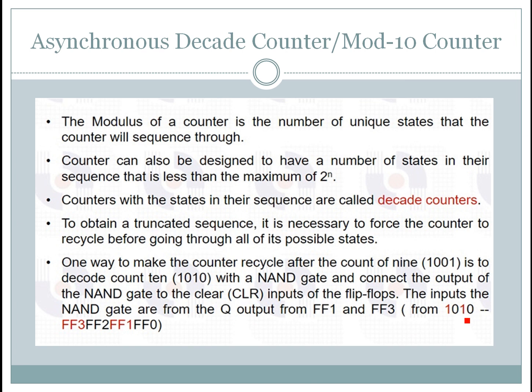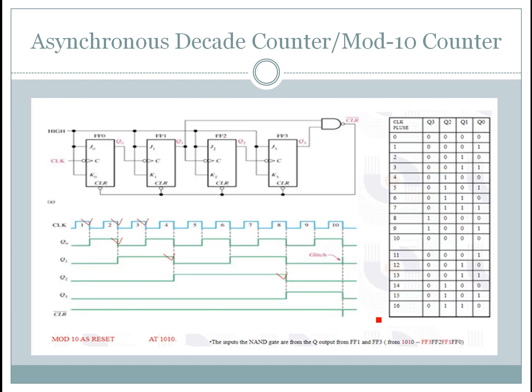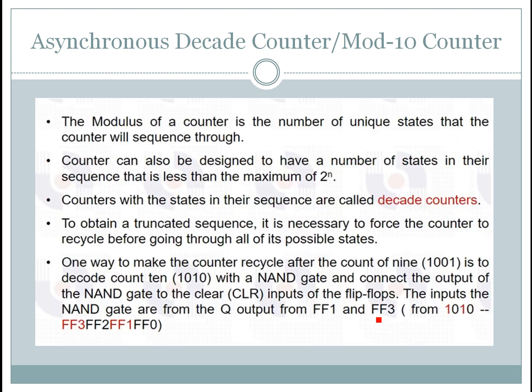The Q outputs from FF1 and FF3, that we'll see in the diagram here. So this is FF3 and this is FF1.